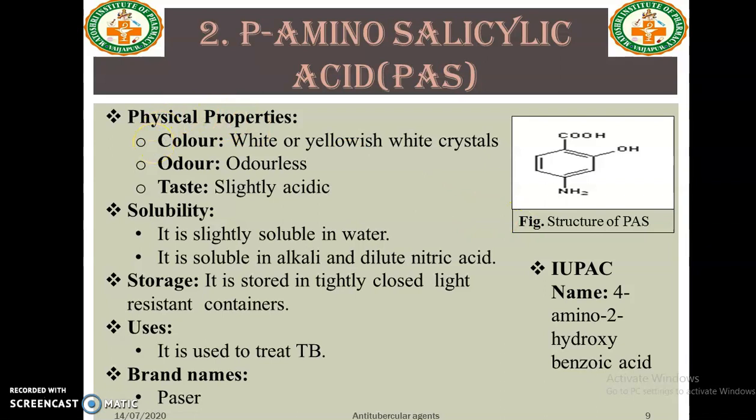PAS is white or yellowish white crystals which are odorless and have a slightly acidic taste. It is slightly soluble in water and soluble in alkali and dilute nitric acids. PAS is also stored in tightly closed light resistant containers and is mainly used in treatment of tuberculosis. It is known by the brand name Passer.